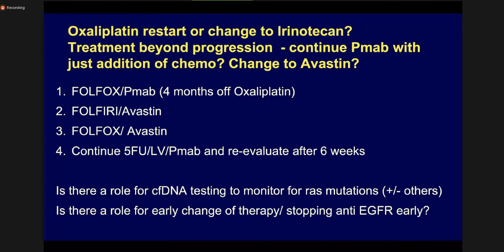Because there's data to say that the rise in these mutations antedates radiological or clinical resistance by nearly 4-5 months. So do you think that stopping this anti-EGFR therapy early, just continuing the chemotherapy or interposing your anti-VEGF therapy early, will it really make any difference? I know there is no clinical trial data as of now, but what would you think?